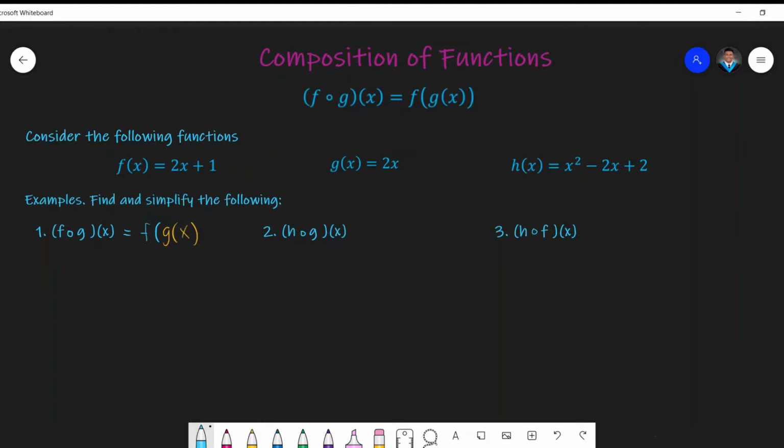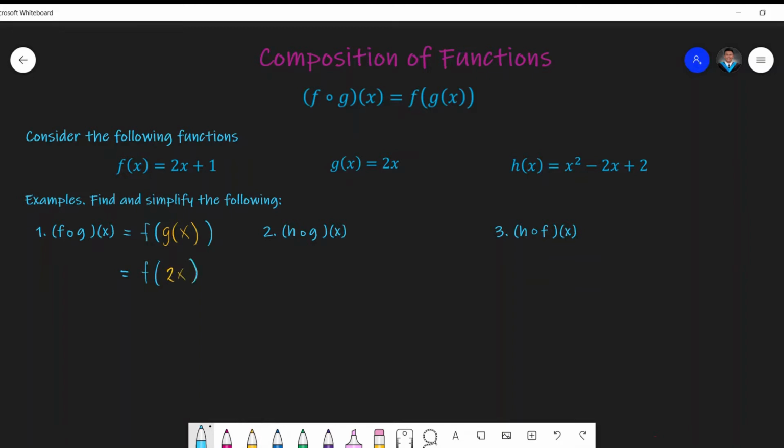Okay, so that's composition of functions. Now, at this point, ang gagawin lang natin is we just simply replace the value of g of x, na given sa ating problem. So, in this case, ang value ni g of x natin is equal to 2x.